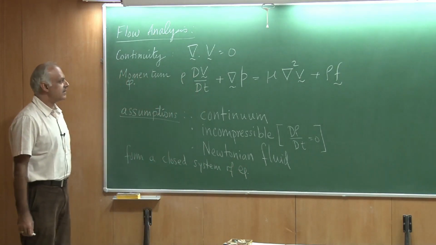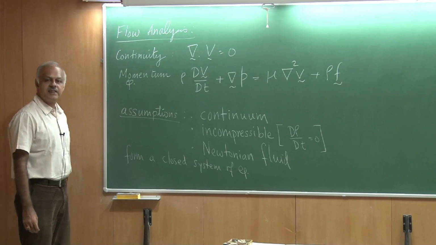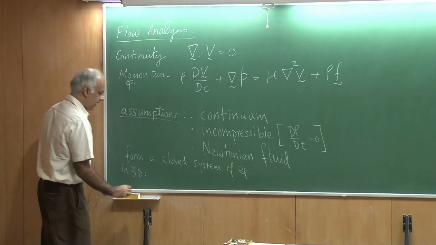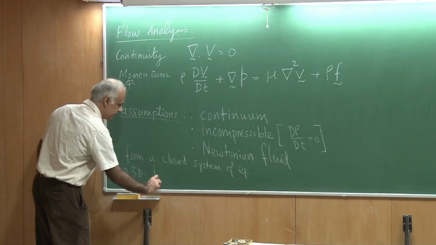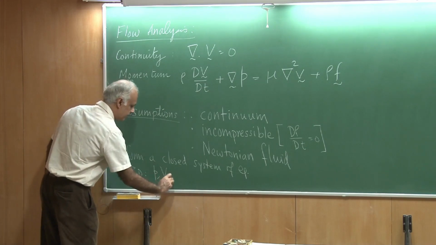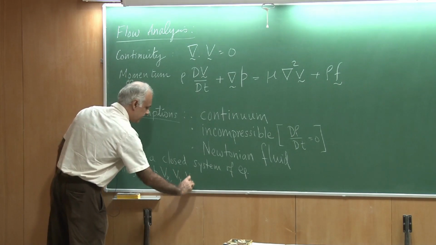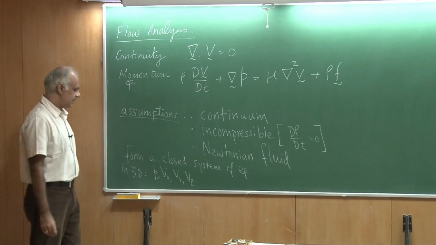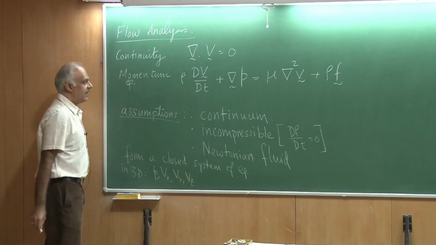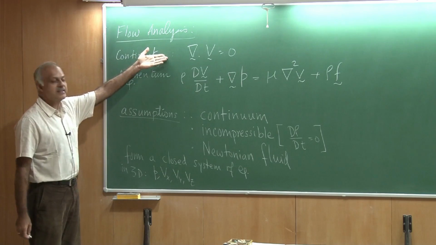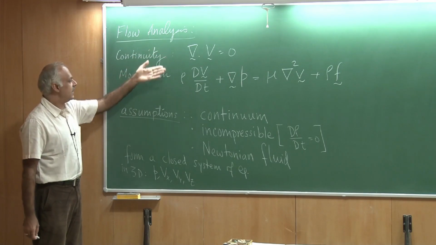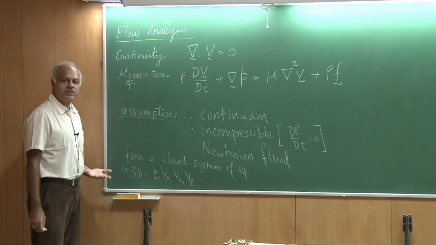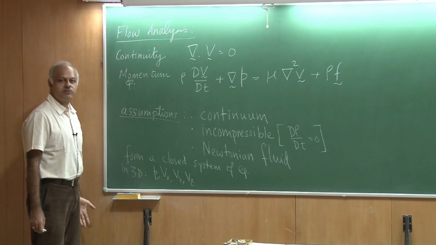In the sense that we counted that in 3 dimensions. So if I have 3 dimensions, I have my unknowns as P and Vx, Vy and Vz as the 3 components of velocity. So I have 4 unknowns. And likewise, I have 4 equations. There is one scalar equation for continuity, and this is a vector equation for velocity, and it actually corresponds to 3 scalar equations. So that makes it 4 equations.